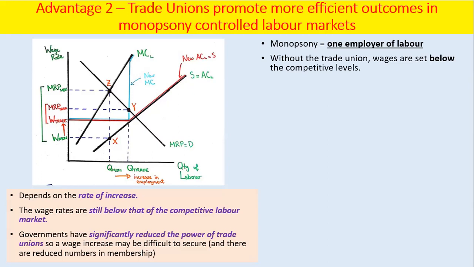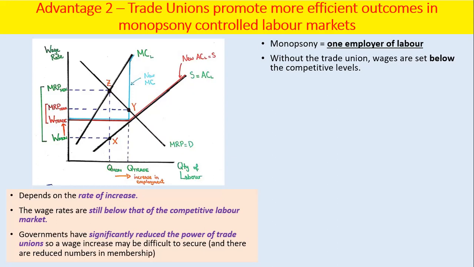Without the trade union, wages are set below the competitive levels. Now, what we see here is that wage rates are set at Q non, the one to the left-hand side on the bottom of that diagram. So wages are set when MRPL is equal to MCL.